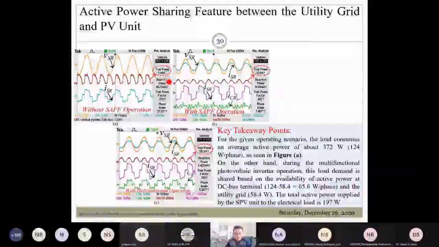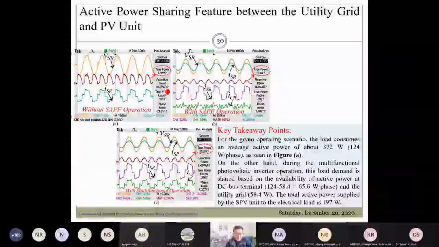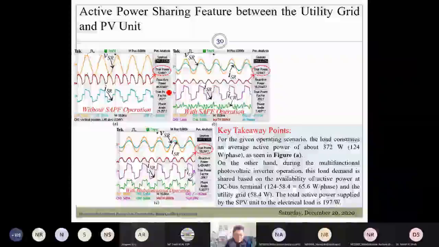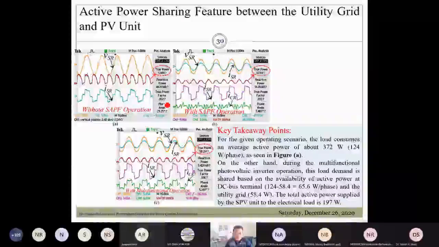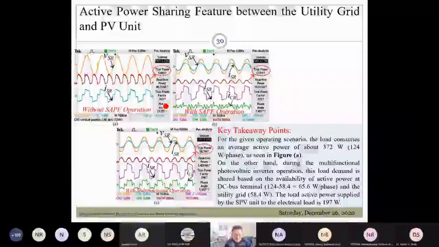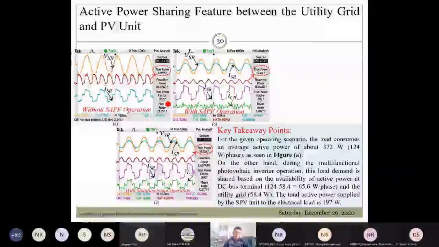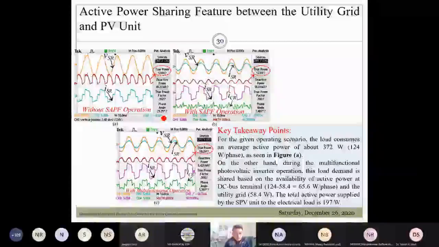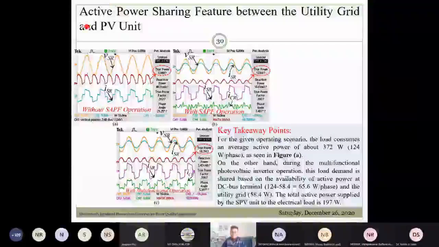So 124 watt per phase, reactive power is 48.2 VAR per phase, and the grid power factor when the AHF is disabled is 0.93. The corresponding phase angle is around 21.25.